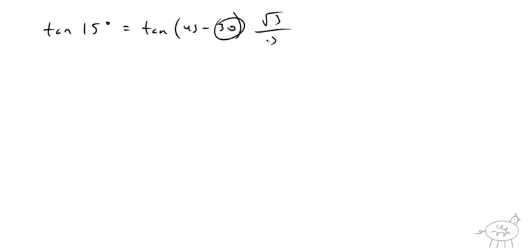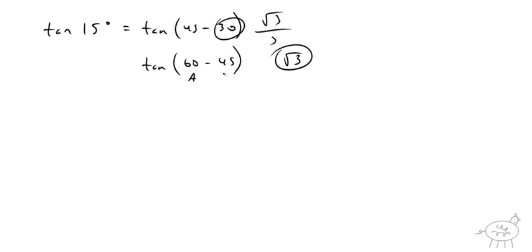That's a little nastier because now you have a fraction and a fraction. So here's my thought. Why don't we just do tangent of 60 minus 45. You're going to get the same answer, but this is a little bit easier because what's the tangent of 60? Root 3. You don't have another fraction to deal with. And of course, tangent of 45 is just 1.